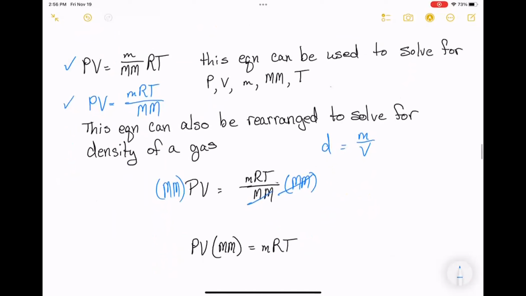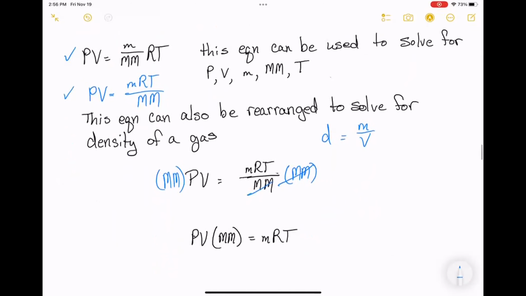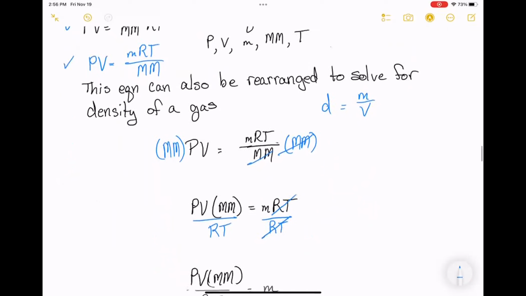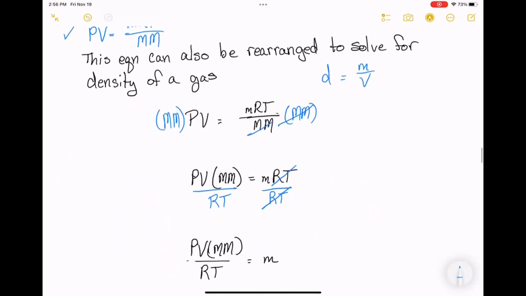And you get PV times the molar mass is equal to the mass times RT. We can then divide both sides through by RT so that they cancel out on the right-hand side. And you get pressure times volume times the molar mass over RT is equal to the mass.